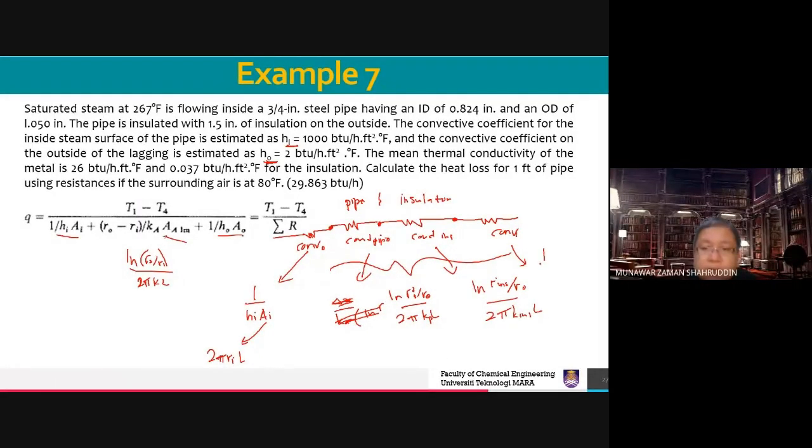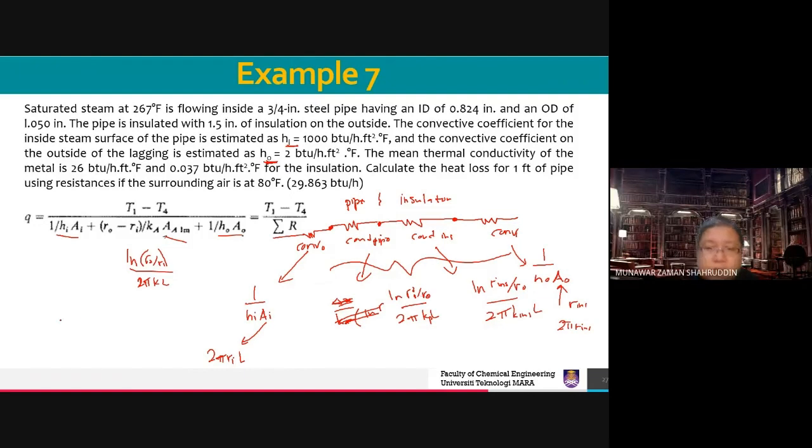This one is 1 over H0 A naught. A naught ni adalah R dia adalah R insulator 2 pi R insulator, bukan R naught, bukan R2, R insulator. Okay.